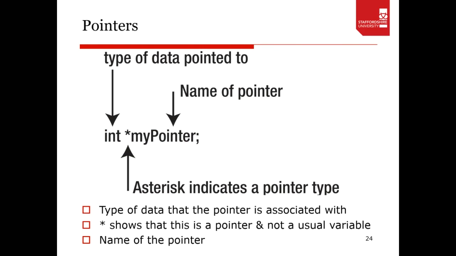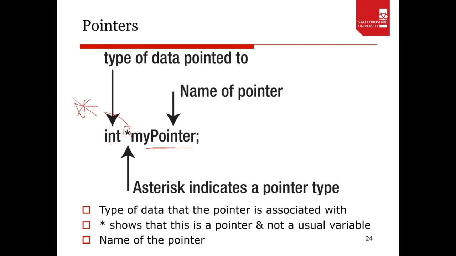In the same way, we can say the type of data pointed to is an int, and we tell it an asterisk to say that it is a pointer, and this is the name of the pointer.